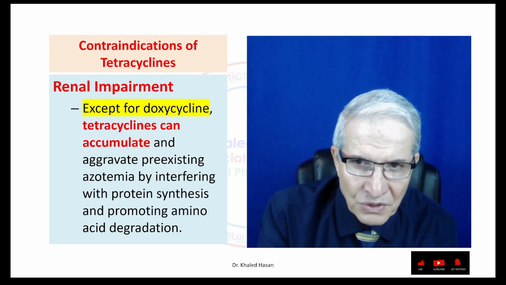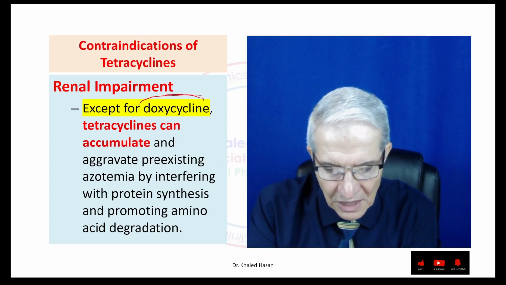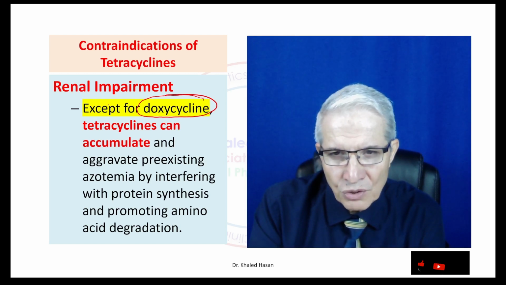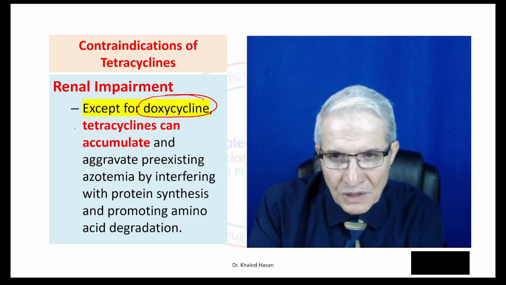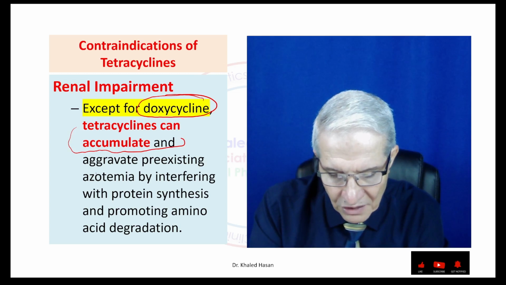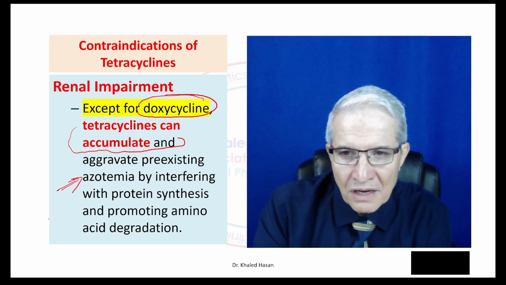We have one exception: doxycycline. We can prescribe doxycycline to patients suffering from renal impairment or renal failure. The other tetracyclines are not recommended because they accumulate in the kidneys and aggravate pre-existing azotemia, and this will lead to aggravated renal disease.